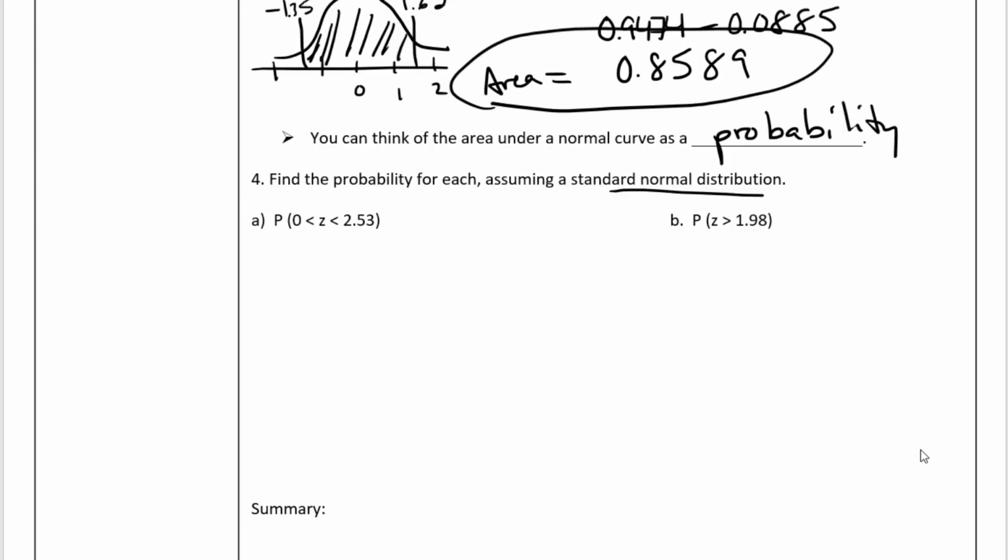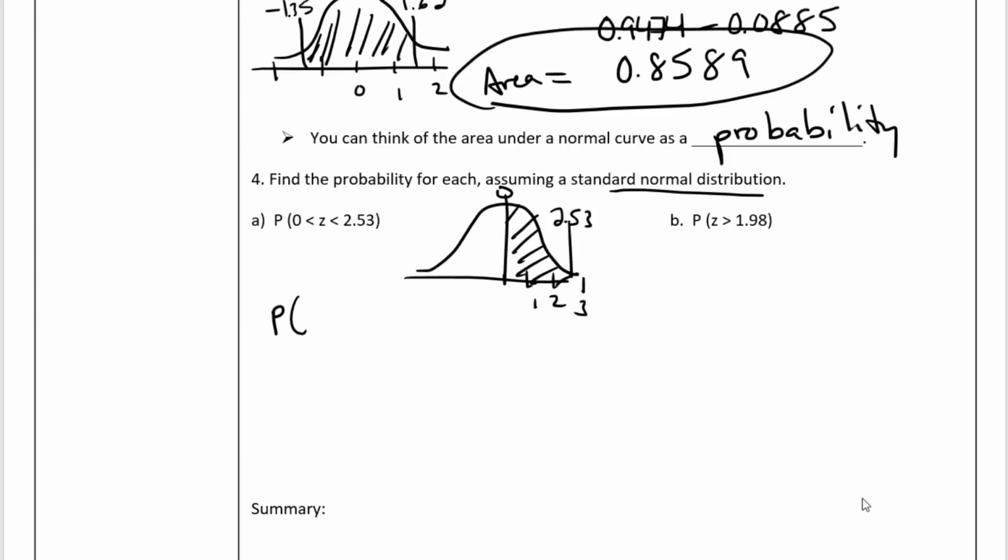So finding the area between two z-scores. Basically you have your z equal to 0, 1, 2, 3, and 2.53. So you're finding the area between those two. You're looking at the probability of z being less than 2.53. This is the value that the table gives you.